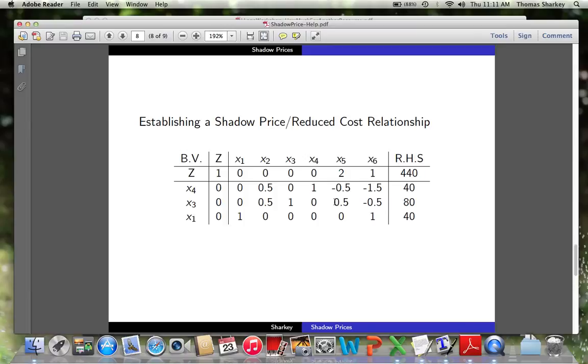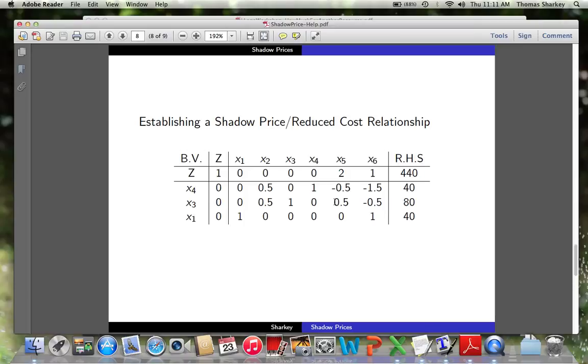So what we really have is all the information we need to determine the impact of increasing the set of available resources for x5 within the final form of our optimal basic feasible solution.